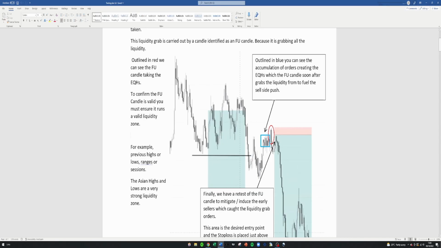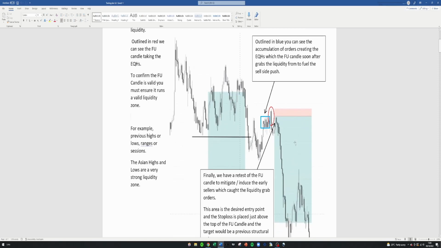It's to trap retail and get them out of the market before a move like this would occur. We want to try and capitalize off a move like this. The FU candle would be this candle circled in red, and that would grab all the liquidity from these equal highs and then fuel the sell side push.